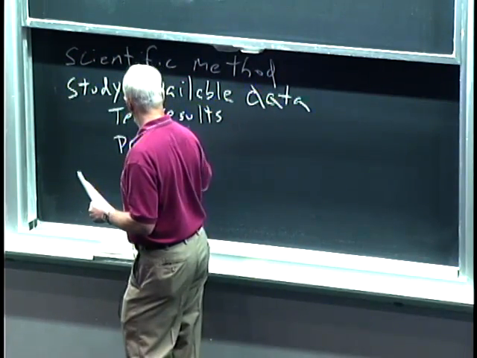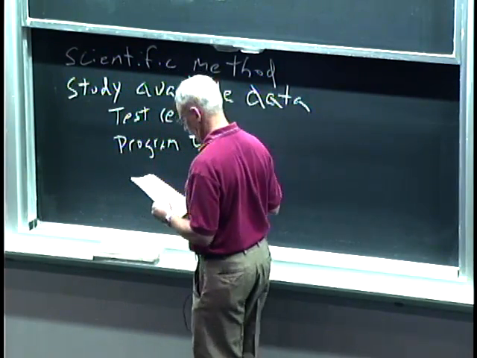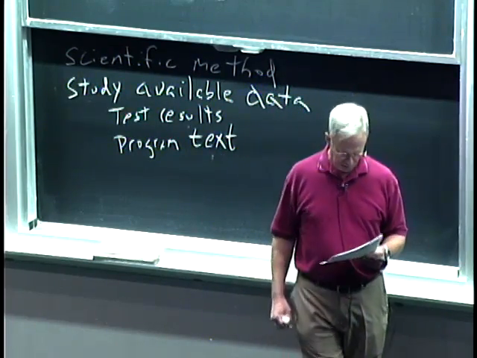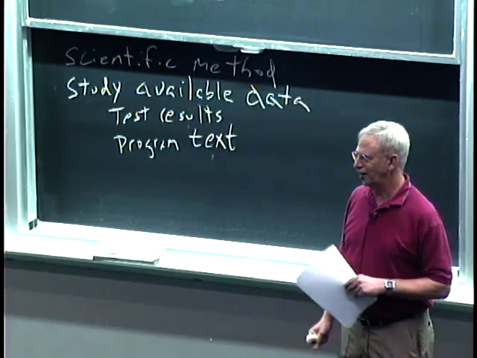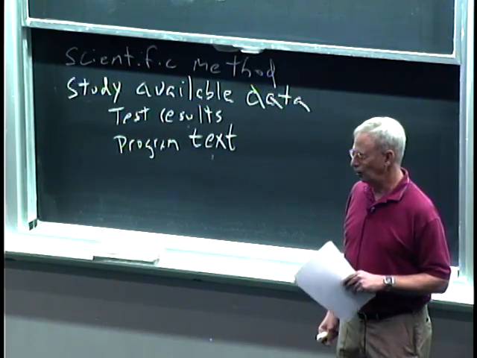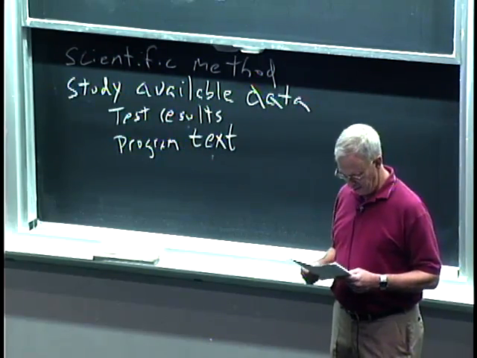The other big piece of available data we have is, of course, the program text. As you study the program text, keep in mind that you don't understand it. Because if you really did, you wouldn't have the bug. So read it with sort of a skeptical eye.